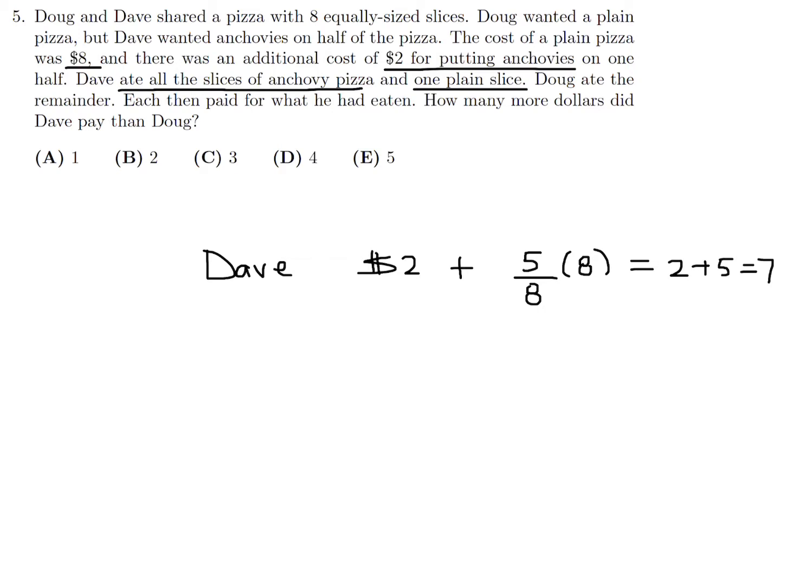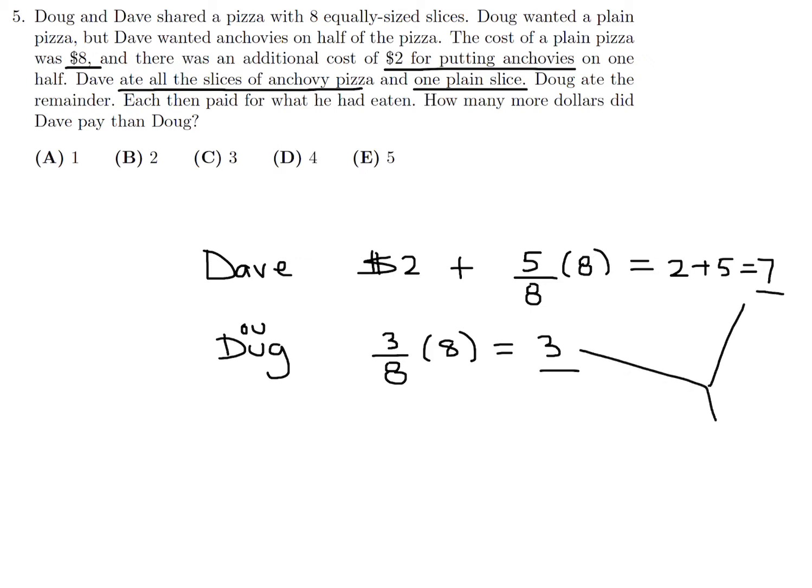That's how much Dave paid. For Doug, he's going to pay 3 over 8 because he only ate 3 slices times the cost of the pizza, which is $8, and that's $3. And then now we have to compare the two costs. Dave paid 7, Doug paid 3. So Dave paid $4 more than Doug. So the answer to number 5 is D.